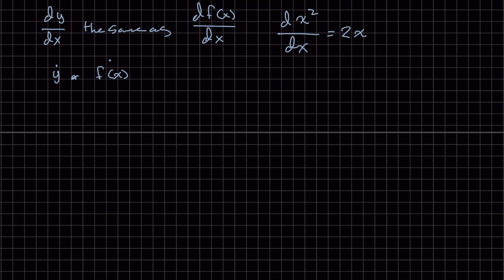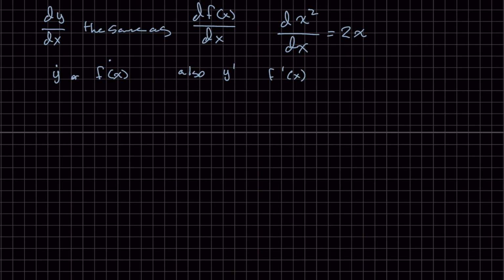I don't like it. I don't ever use it. I prefer Leibniz's. There's also y prime or f prime of x. You can use those two, especially in early calculus. But I think Leibniz's notation is the best, and I suggest that you use it.